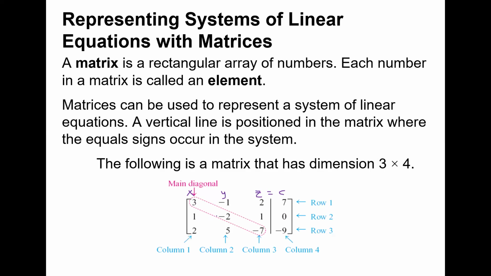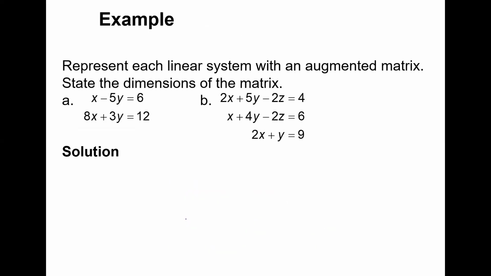Here it's x minus 2y plus z equals 0, and 2x plus 5y minus 7z equals negative 9. So we could rewrite that as a system of equations, or this is going to be our matrix for that solution. Now this going down this way is called our matrix diagonal, and we'll be using that to do the Gauss-Jordan elimination in a little bit.